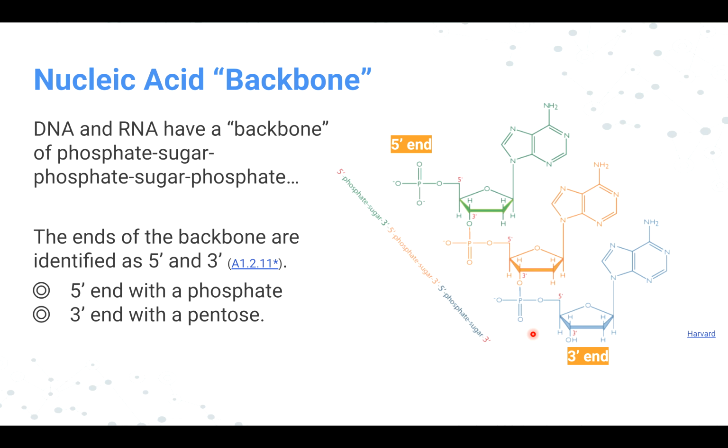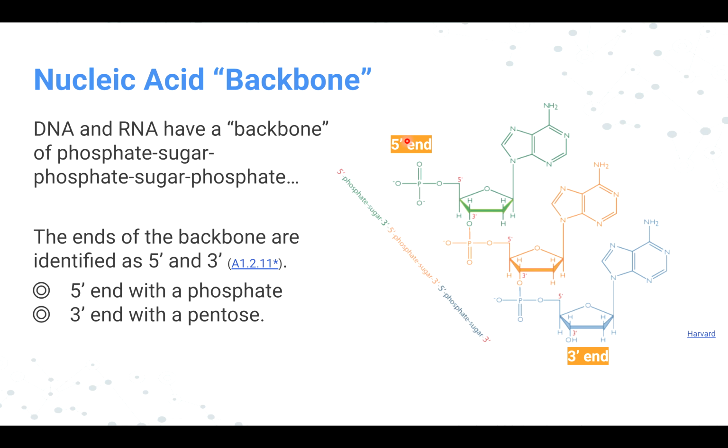In DNA and RNA, there is a backbone, and that backbone is made up of phosphate, sugar, and then phosphate. You can see here, this is phosphate. Again, you have sugar molecule, again phosphate, sugar molecule, again phosphate, sugar molecule. So there is a series of phosphate sugar, then again phosphate sugar, like that. And at the end, we have two primes.